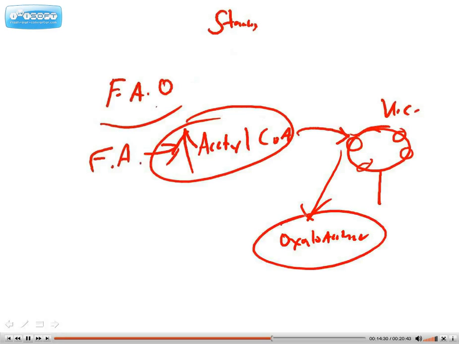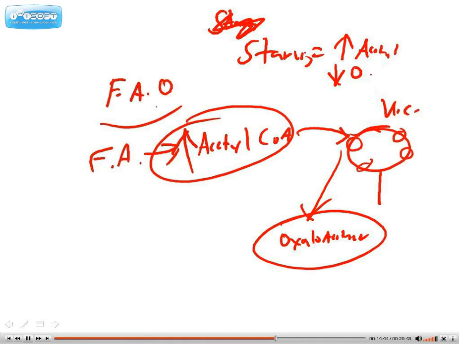It turns out that as you're starving, and that's a very messy starving, you have high amounts of the acetyl-CoA. However, you have low amounts of the oxaloacetate, which is needed in the Krebs cycle.